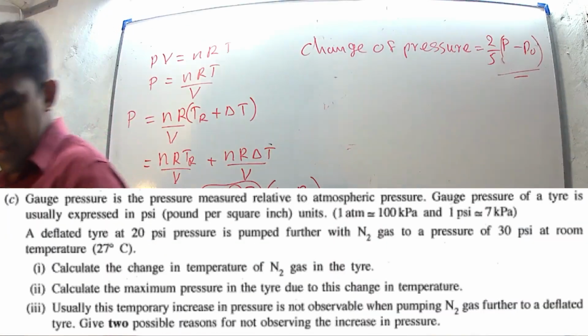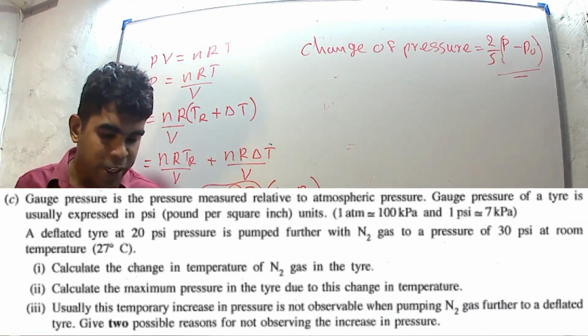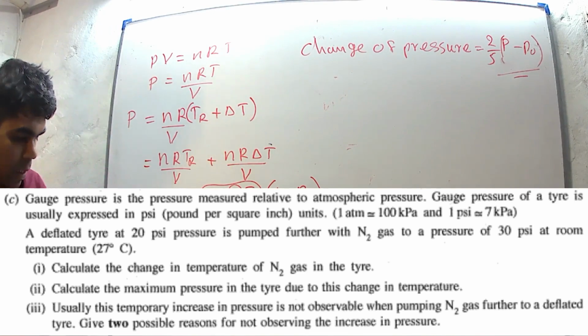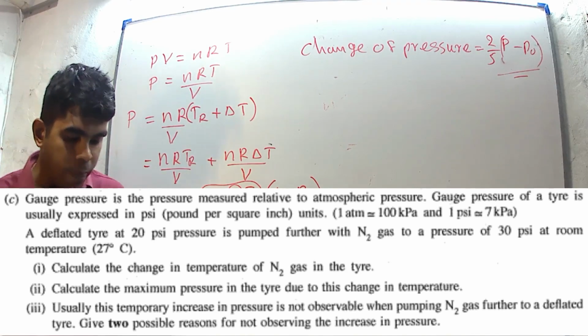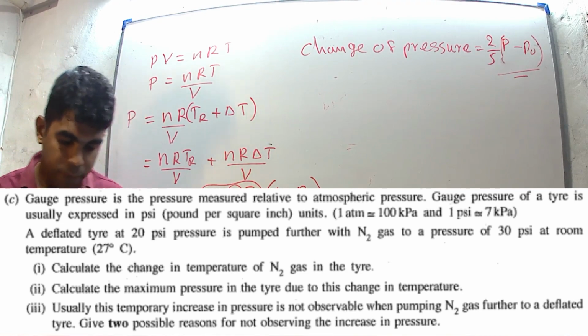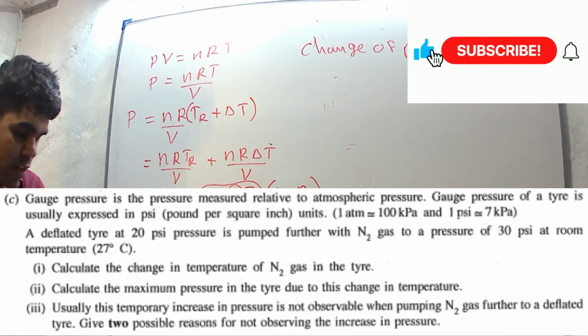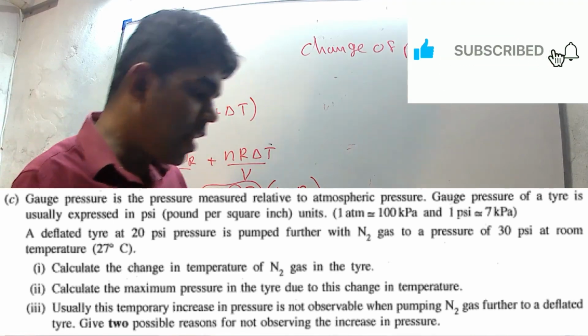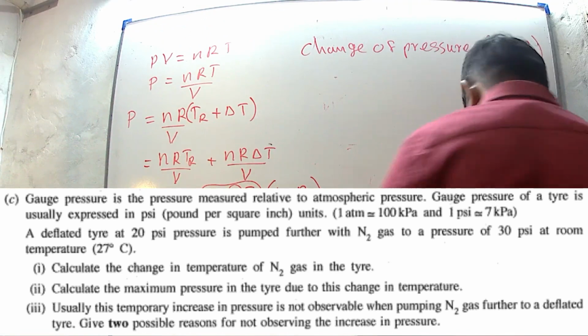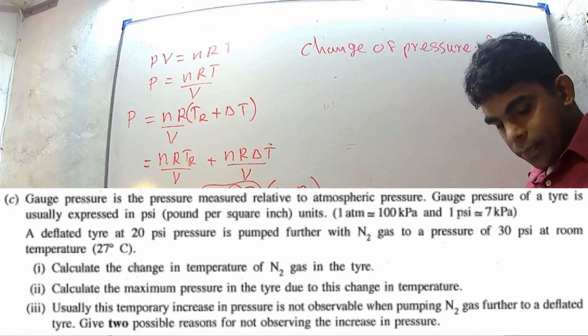Then part C. Gauge pressure is the pressure measured relative to atmospheric pressure. Gauge pressure of a tire is usually expressed in PSI, pound per square inch. 1 atm equals 100 kilopascal and 1 PSI approximately equals 7 kilopascal.